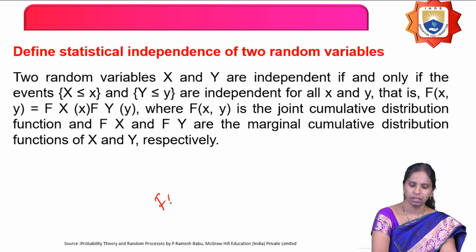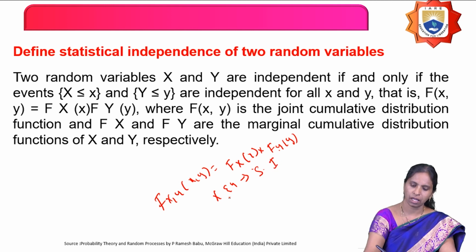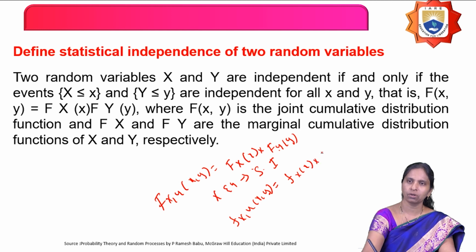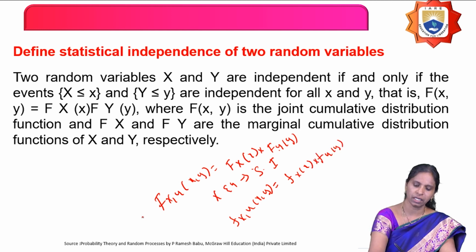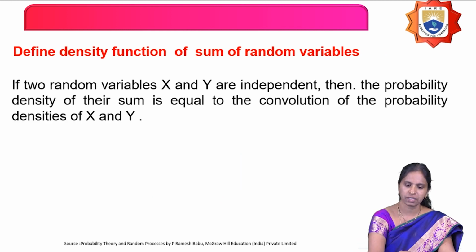That is, the joint distribution function of the two random variables is equal to the product of the marginal distribution functions of X and Y. Similarly, the joint probability density function of two random variables is equal to the product of the marginal density functions. So these are the conditions for statistically independent random variables.